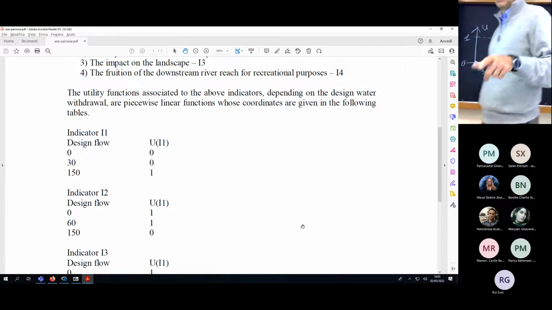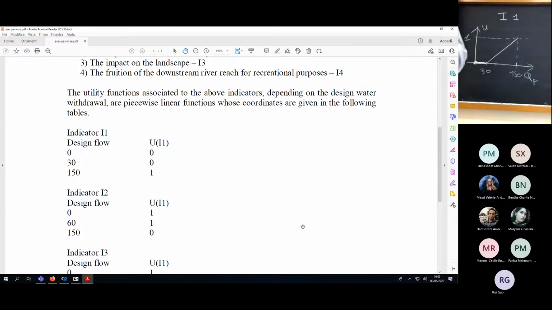You see that for the indicator I2, there is, again, a piecewise linear function, which is similar to that of indicator I1.